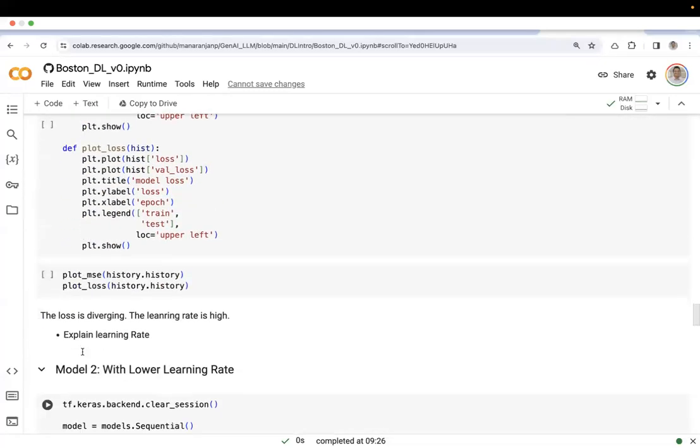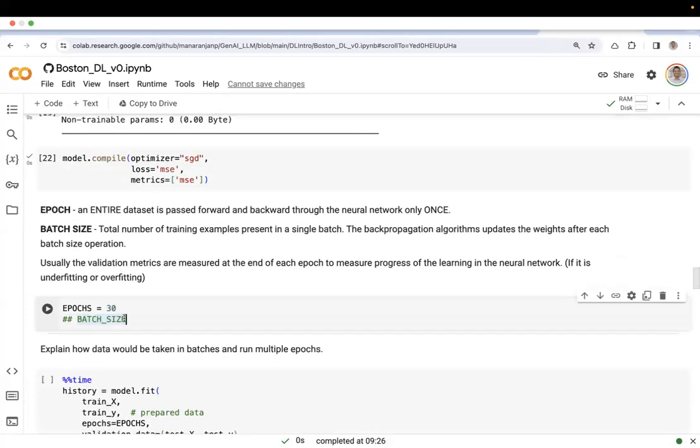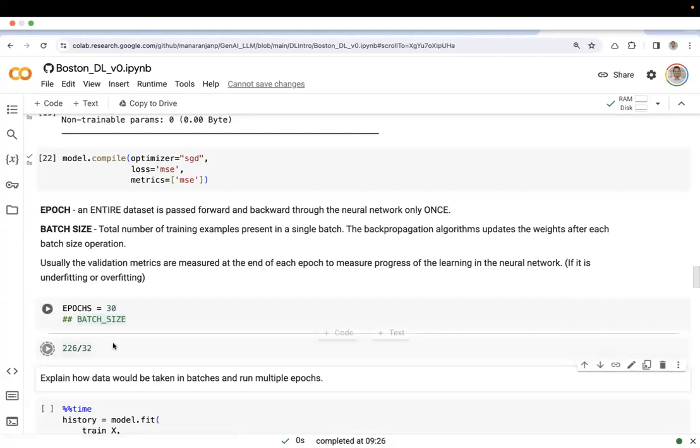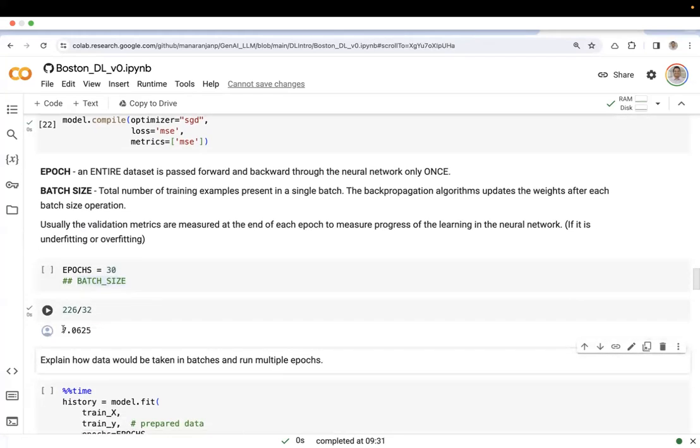So 226 divided by 32. Okay. So data will be converted into 8 batches. Probably 7.0 means 8 batches, because the last batch will be the remaining number of samples. It cannot always be exactly 32, it will be the remaining number of samples.